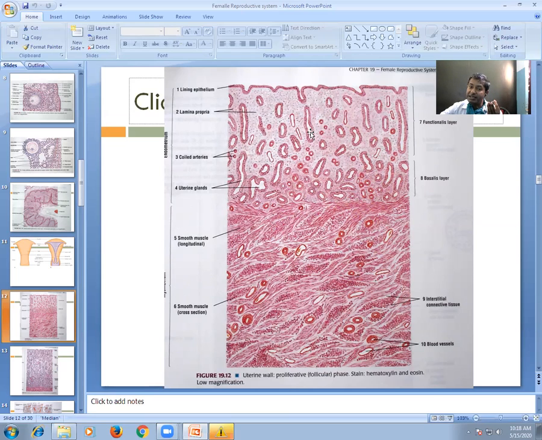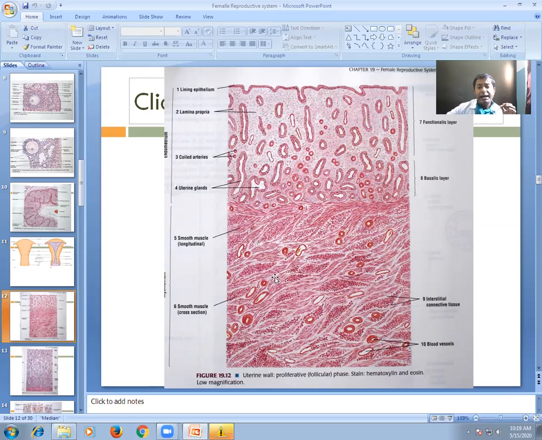They are the coiled uterine glands, whereas here we are getting straight glands. So in the endometrium, remember three things: first layer, simple columnar epithelium; second, the lamina propria. What is found in the lamina propria? The uterine glands. The shape of the uterine gland depends upon the stage of the menstrual cycle, coiled or straight.